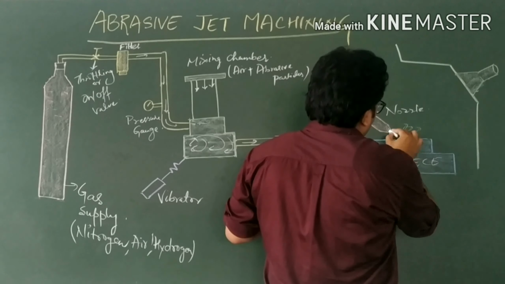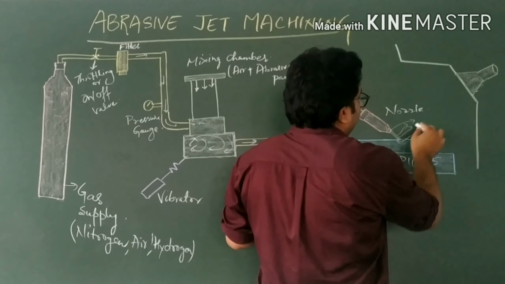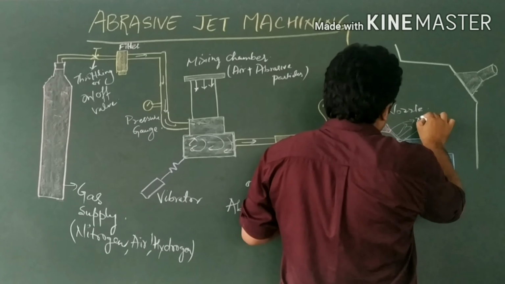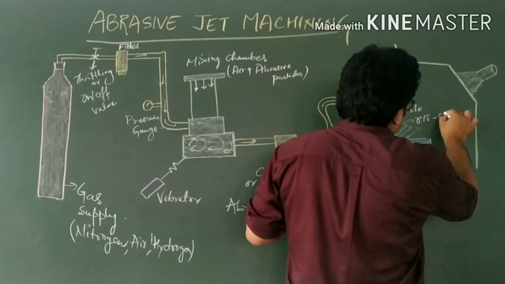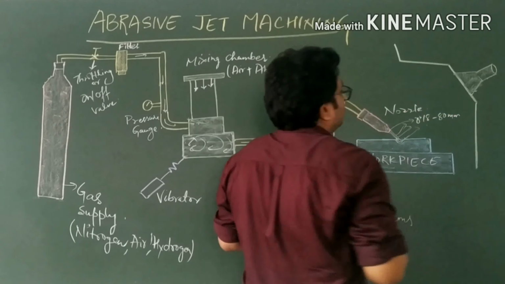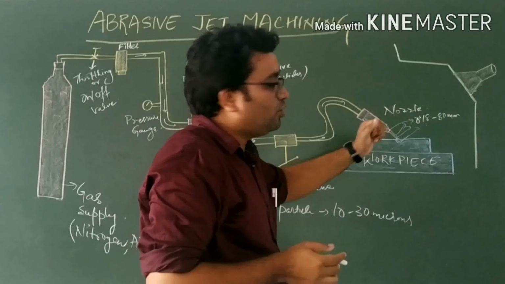Now the opening of the nozzle varies from 0.18 to 80 mm. This is the size of the opening of the orifice.